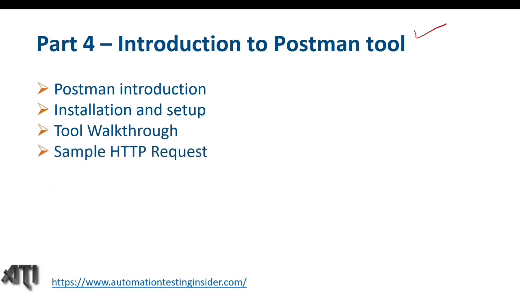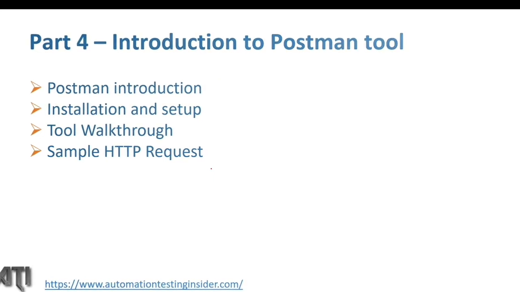And at last, I'll show you how we can send a sample HTTP request and how we are getting the response. We have different HTTP methods using which we can send different HTTP requests: get, post, put and delete. So I'll show you a couple of them today to see how it works. So these are the things which we are going to discuss today. So let's get started.